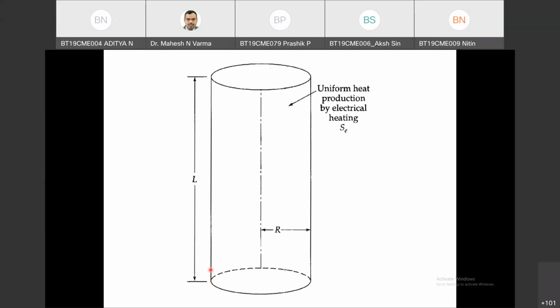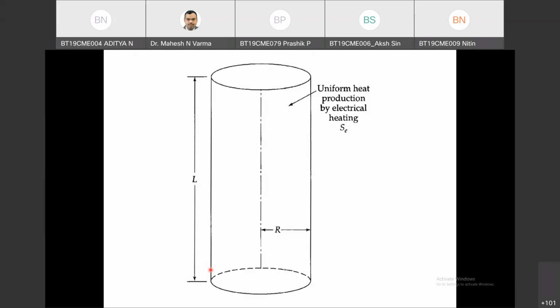Yes, sir, but that can be neglected. Why? Because the variation is very low. Variation is up to a very small length.